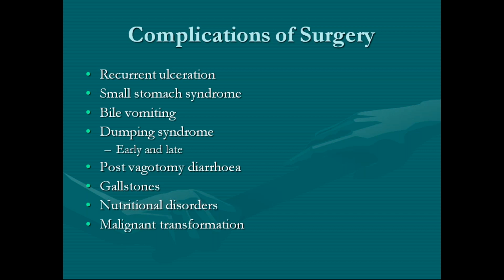So first one is recurrent ulceration. So even after your surgery, patient can have recurrence of the ulcers. Okay, so like a normal ulcer, these also initially can be treated with your anti-secretory agents. Okay, remember, recurrent ulceration following surgery initially can be managed with medical management, right?